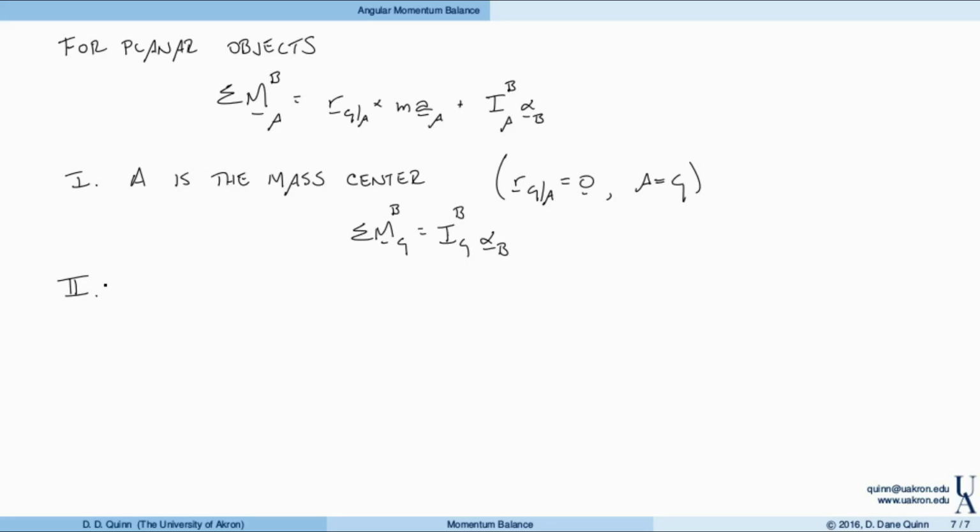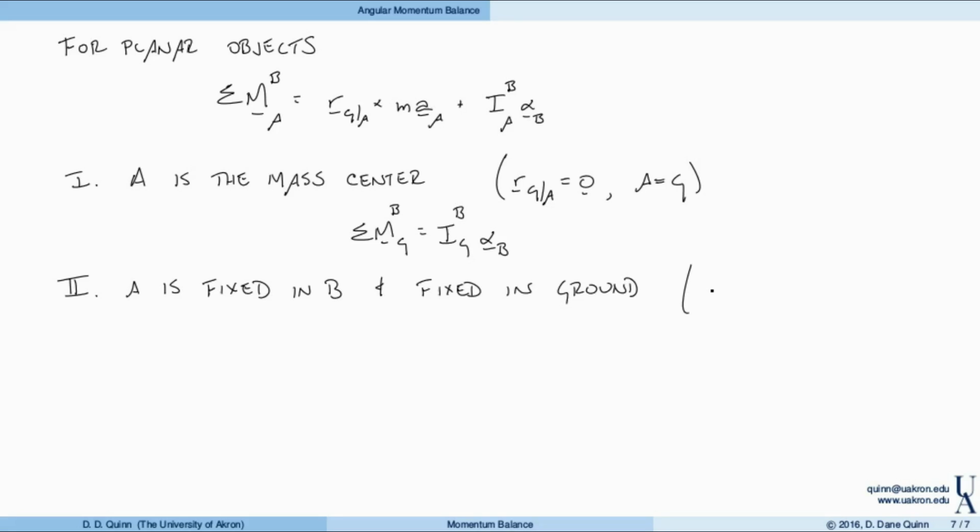We can always take A to be the mass center, and we can always find this equation. Now, the second case where this vanishes is if this term goes away. So let A be fixed in the object, which was a requirement of the point we were choosing, and fixed in the ground.